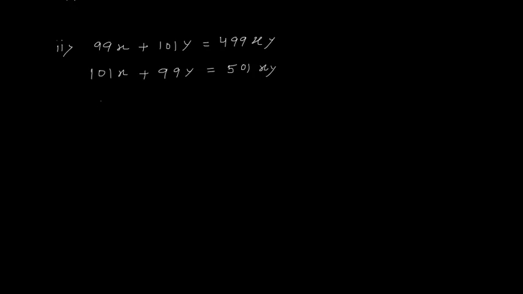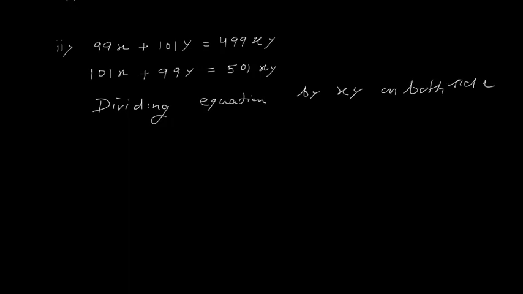Dividing equations by xy on both sides, we get 99 upon y plus 101 upon x.